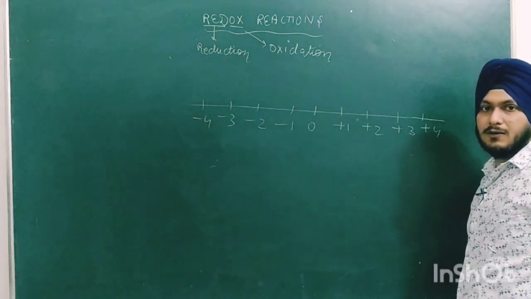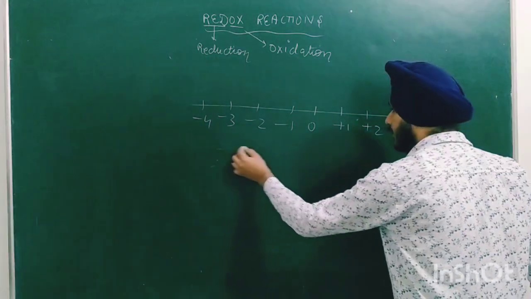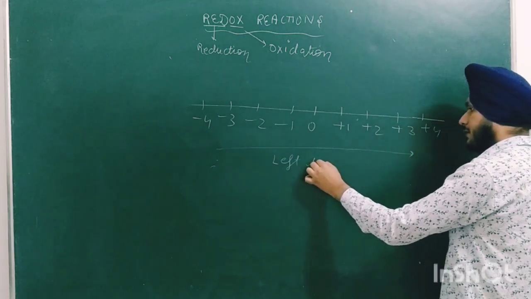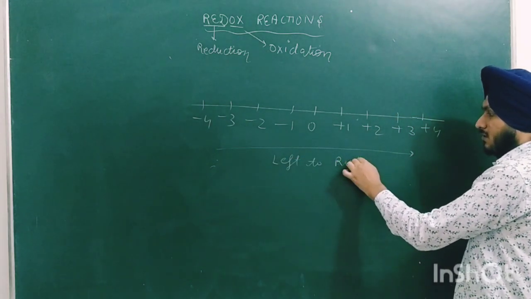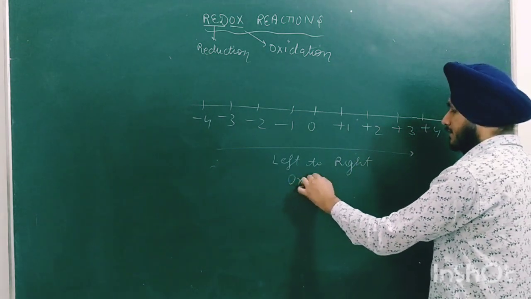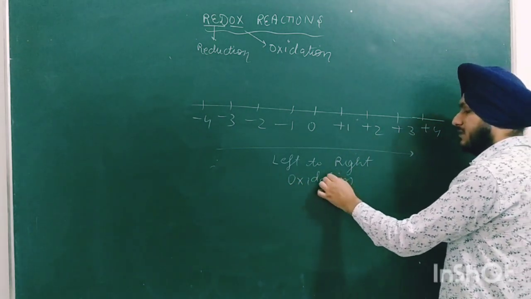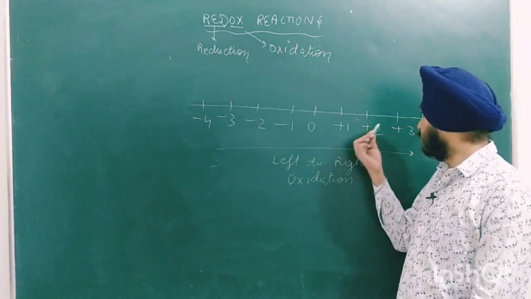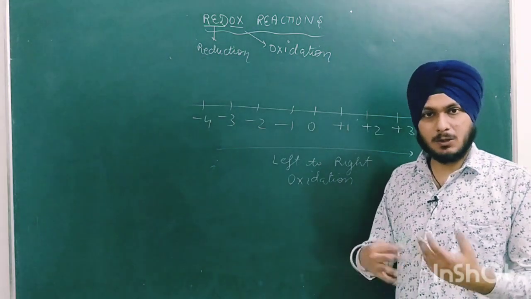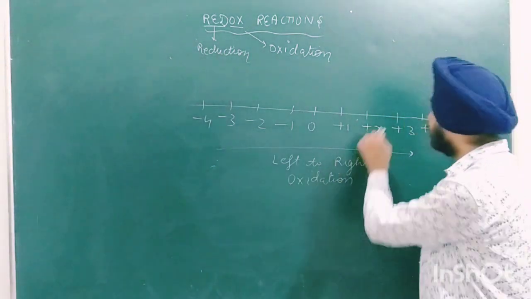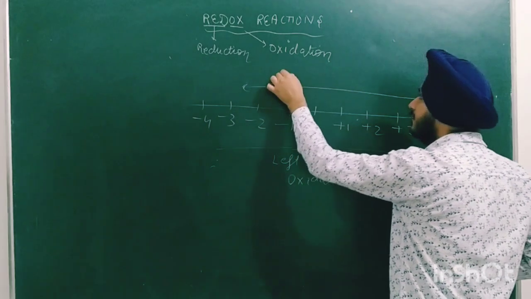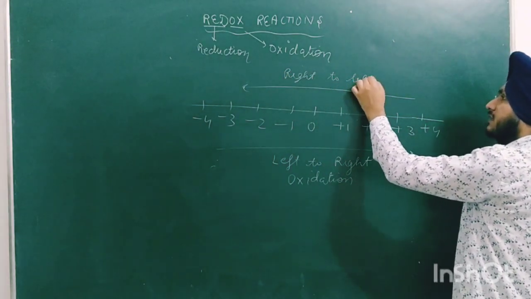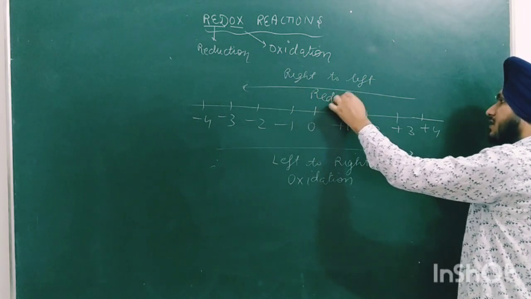If we are going from left to right, then oxidation takes place. For example, if the oxidation state changes from -1 to +2, then what is happening? Oxidation. Similarly, on going from right to left, reduction takes place.